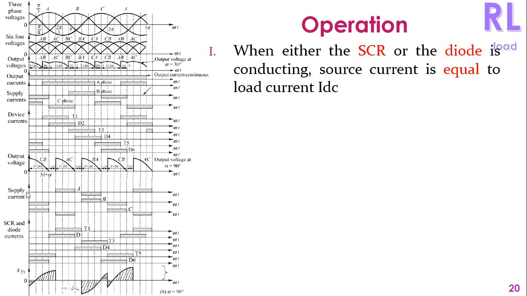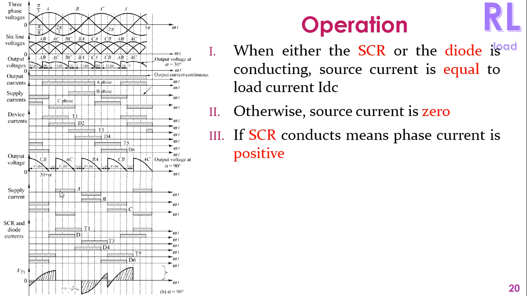Now, talking about the operation of this 3-phase semi-converter with inductive load, when either of the SCR or the diode is conducting, the source current is equal to load current. Otherwise, if any of the SCR or diode is not conducting, then the source current is 0. If SCR conducts, it means phase current is positive.